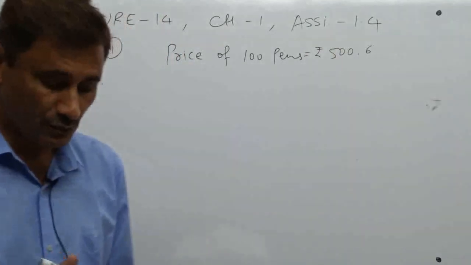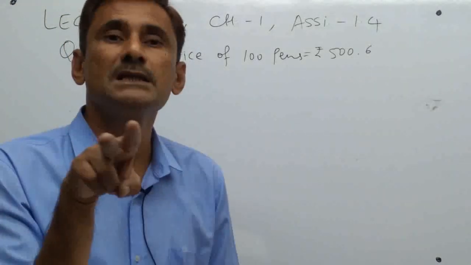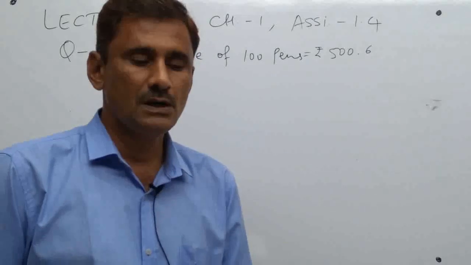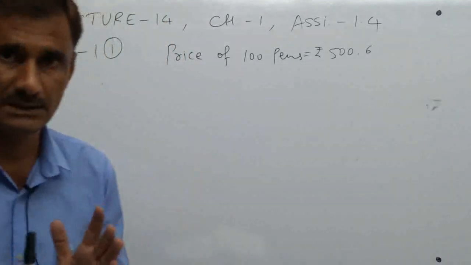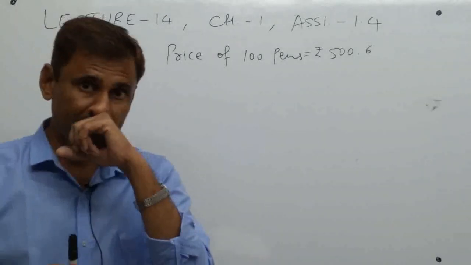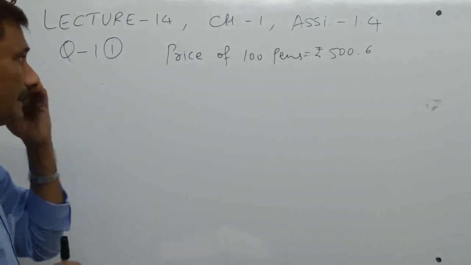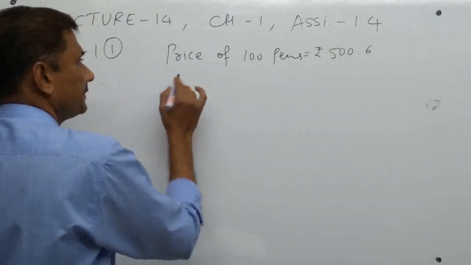First of all, we have to find the price of one pen as well as one pencil so that we can give the answer for the total price of 3 pens and 5 pencils. Understand the question again and read it twice carefully. So it is for 100 pens. Now just divide it by 100.